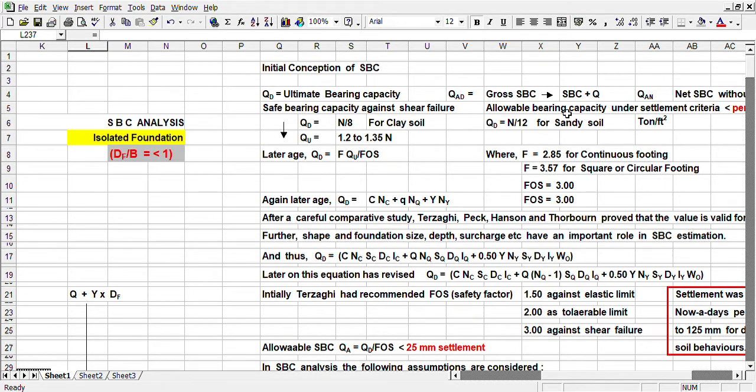And for sandy soil 1 by 12 N, that is N divided by 12, which is approximately equal. I made some comparative statement. These are almost equal. Later on, Terzaghi developed one equation: cNc, qNq and gamma N gamma.